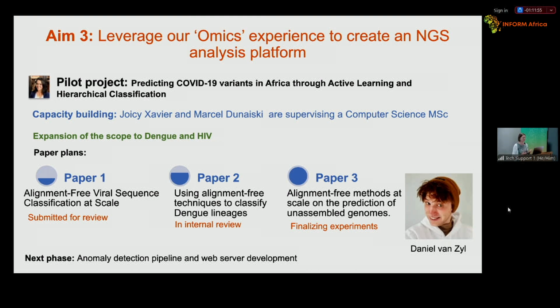He's applying machine learning techniques in order to classify variants. The important thing here is he used SARS-CoV-2 as a start, but this can be applied to other infections, such as dengue and HIV. We've just worked on a new classification system for dengue, and now he's also applying this tool to dengue and is working on other papers.